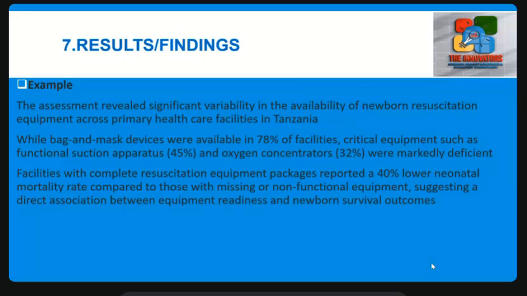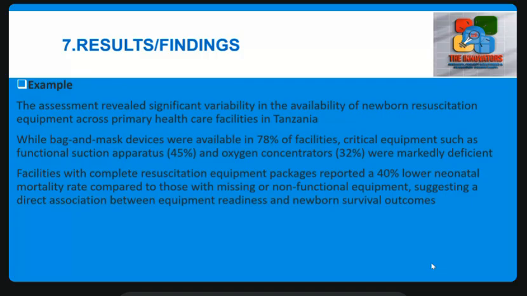Example of a good result or finding when writing an abstract for a manuscript for scientific publication. The assessment revealed significant variability in the availability of newborn resuscitation equipment across primary healthcare facilities in Tanzania.